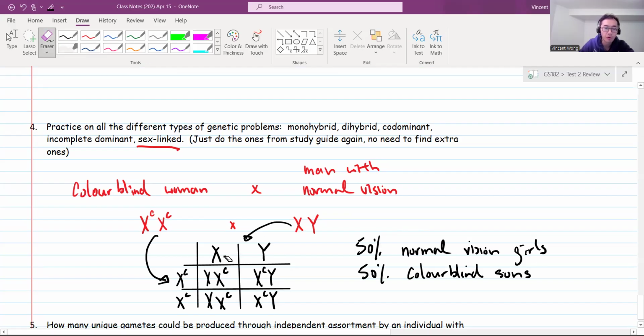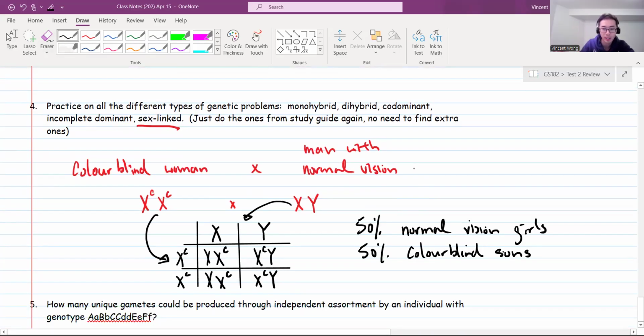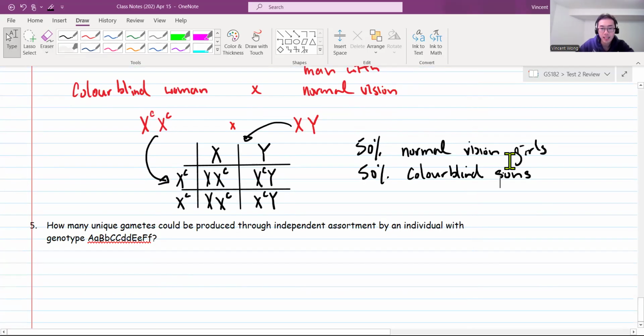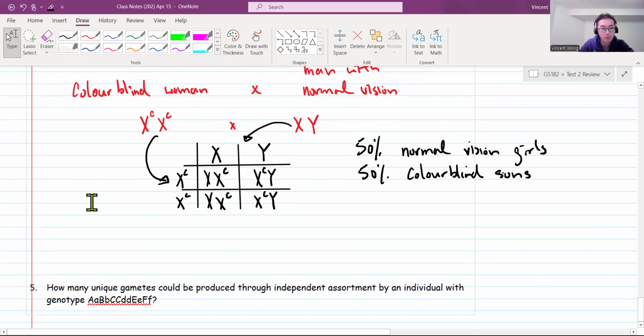Just do it as an overall, for all four. There's some confusion about separating into boys and girls; don't worry about it, just count them as a whole. That means 50% of the kids are girls with normal vision, and 50% are sons who are colorblind.